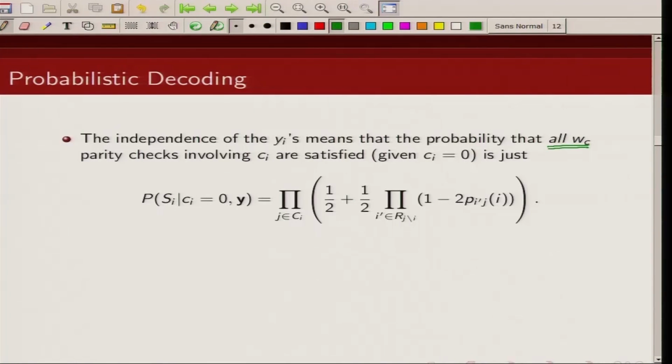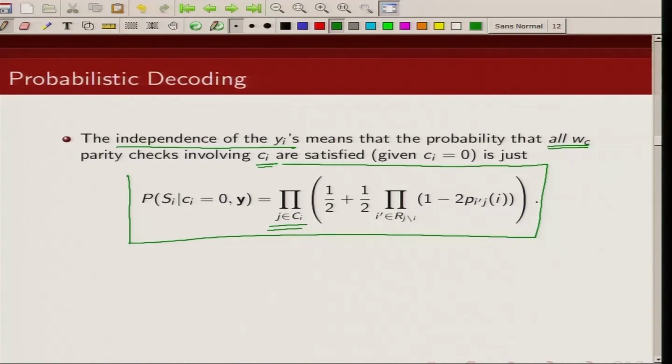So, this should hold for all WC parity check sets where this particular bit Ci is participating. So, that is why, assuming that Yi's are independent, I can then write the probability as a product over all such parity check equations where this is involved. So, I can write down then the probability that my parity check set constraint is satisfied given Ci is 0 is given by this expression.